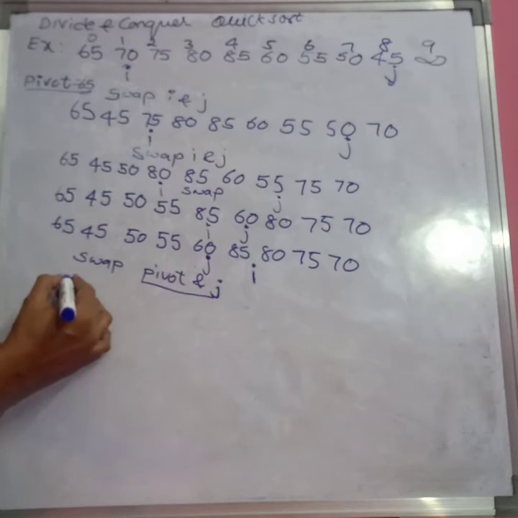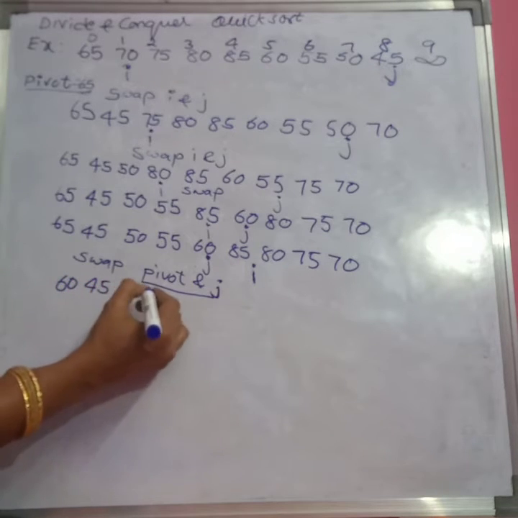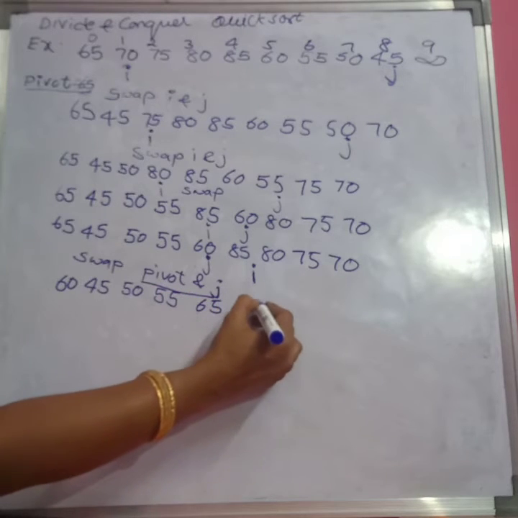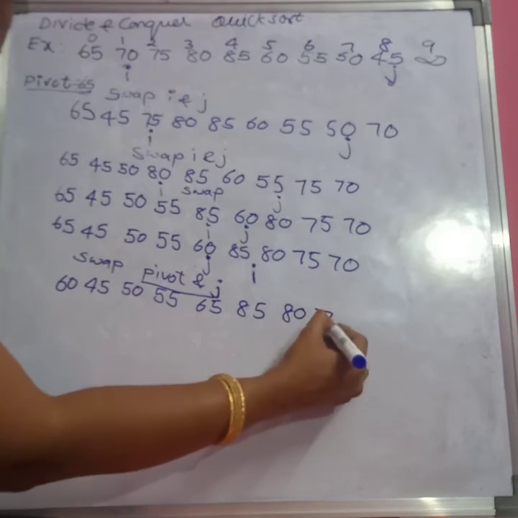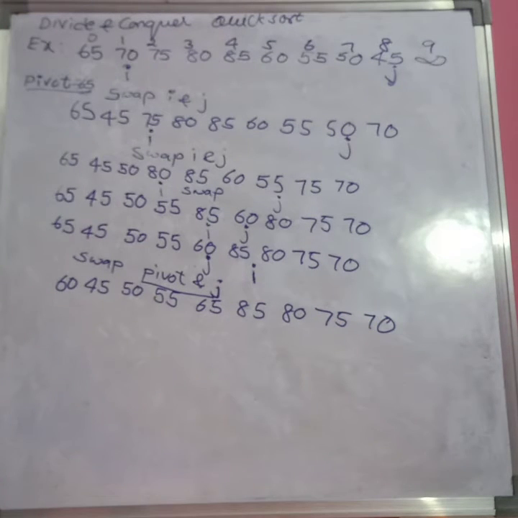So what is the array here? 60, 45, 50, 55, 65, 85, 80, 75, 70. So these are my array element positions.